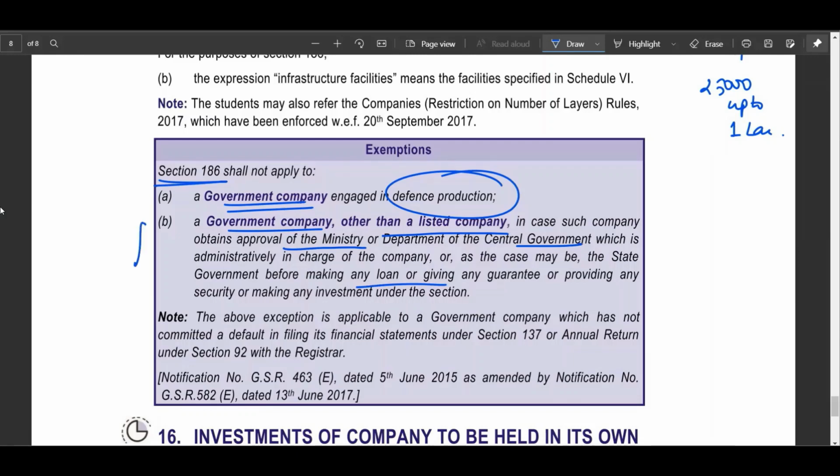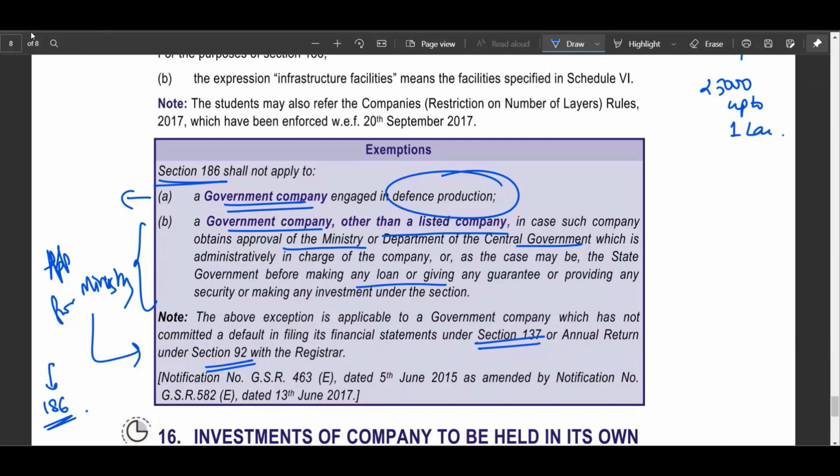So if either the government company is engaged in defense production, or the government company is not a listed company, plus they have taken approval from the ministry, plus they are already complying with section number 137 or section number 92, then the government company is not liable to comply with section number 160 to section number 186. All right, I hope I made myself clear.